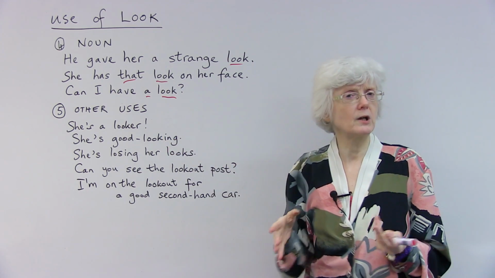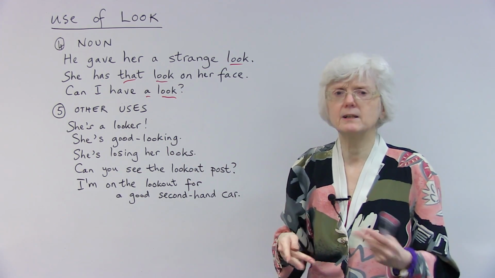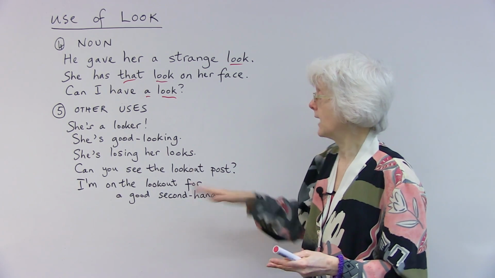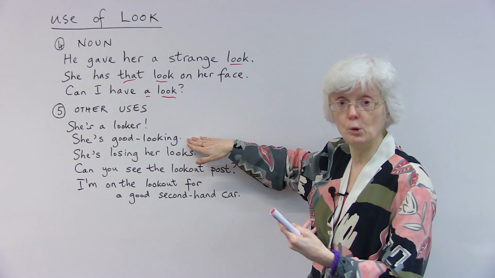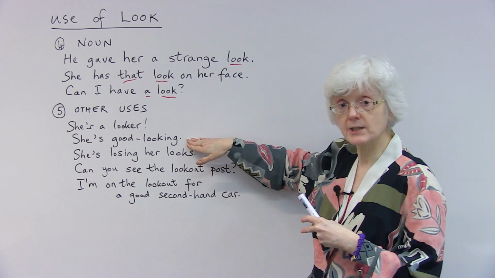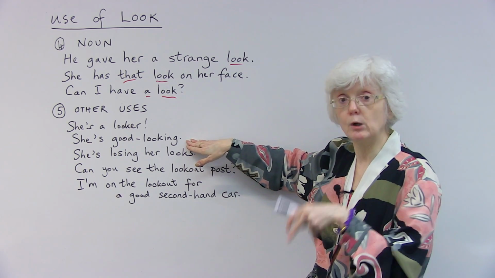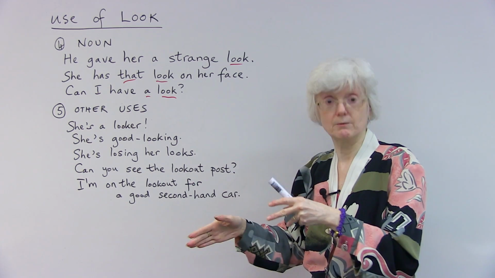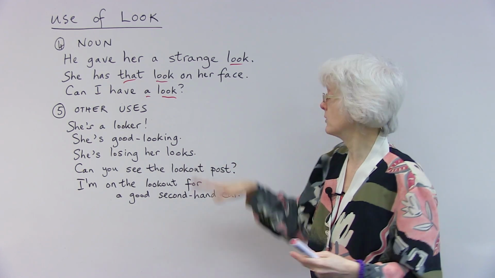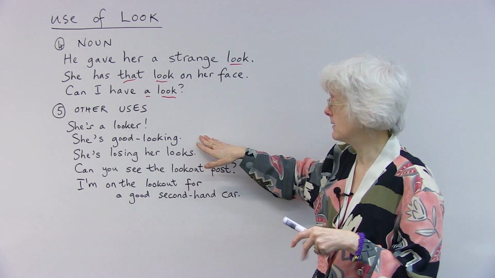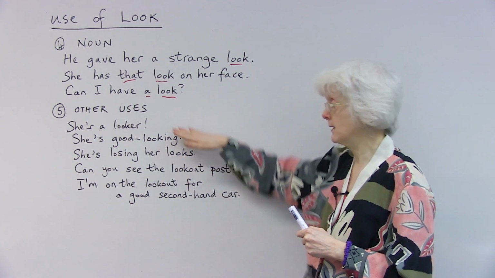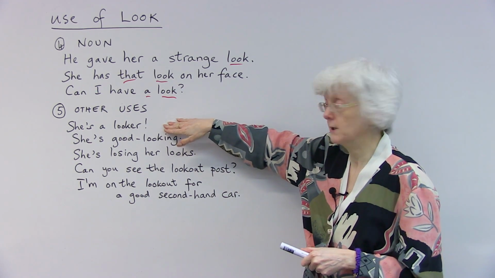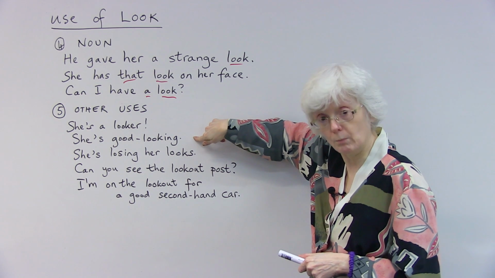Okay, that's quite a colloquial slang way of saying it. A little bit more formal, this means the same thing. She's good looking. She looks good. She looks beautiful, pretty. She's good looking. Okay, so they mean the same thing, but this one is very informal. This one is more formal.